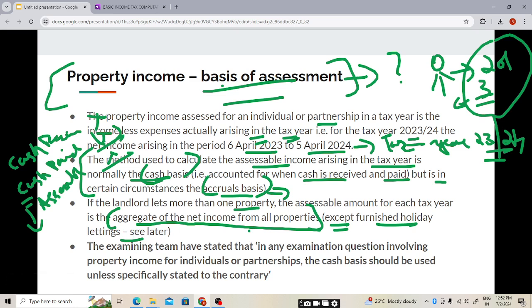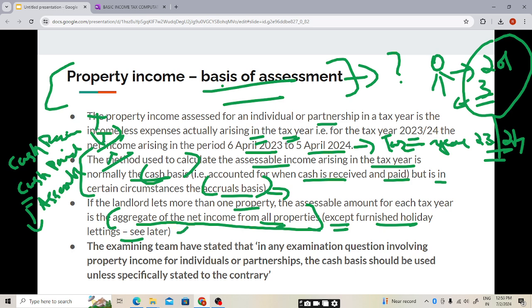For each property I will calculate my property income separately: property 1 cash basis, property 2, property 3. But when you are filing your income tax return, you need to combine the net or assessable income of property 1, property 2 and property 3.